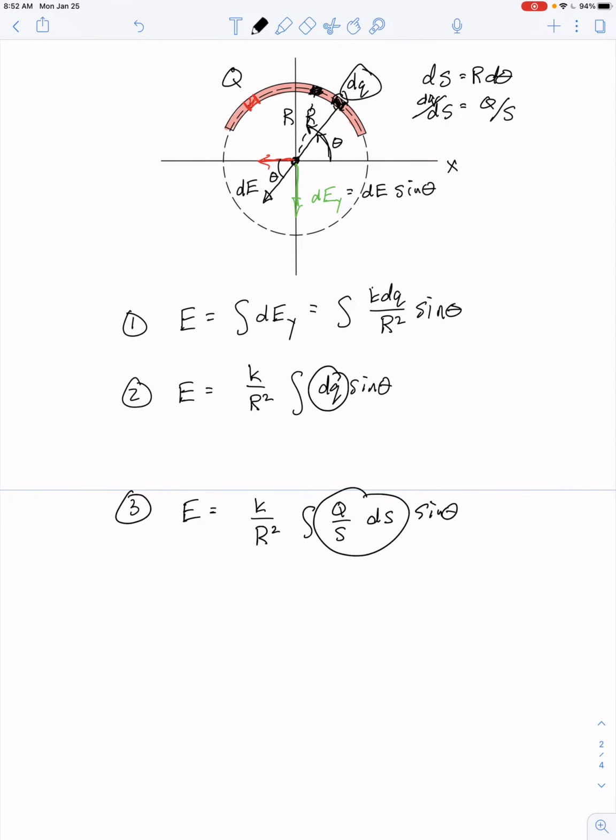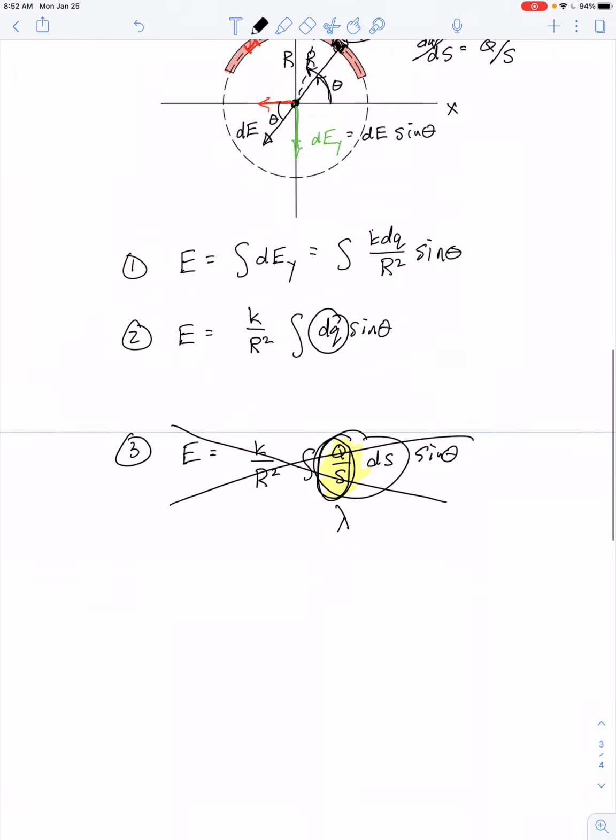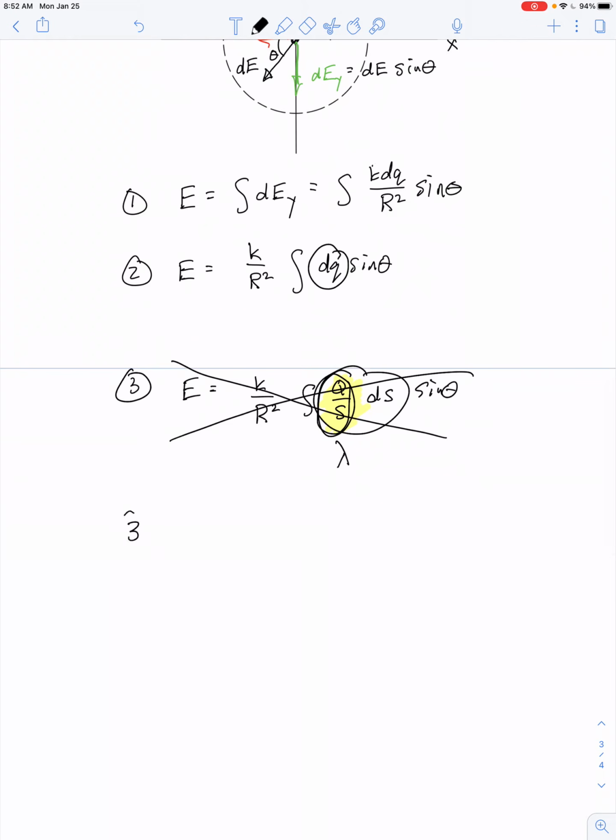Now, it would be equivalent, instead of stating Q over s as the ratio of charge, we could also just leave that as lambda. So let's do it that way. Let me restate step 3 of this work. Say the electric field is k over r squared times the integral of lambda ds sine theta.